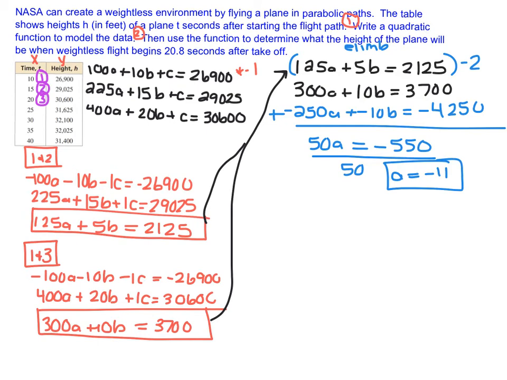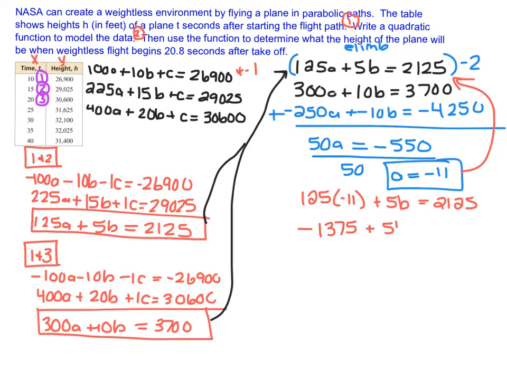So now I'm going to use that A value and work backwards. I'm going to take this A value, substitute it back in here and find my B value. So I have 125 times negative 11 plus 5b is equal to 2125. Well, 125 times negative 11 is negative 1375.